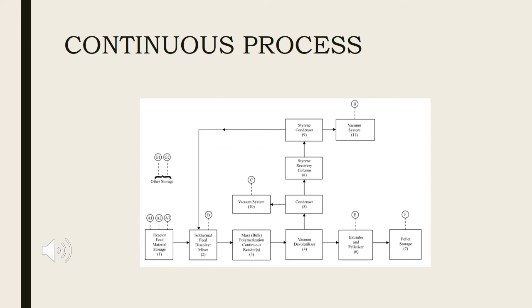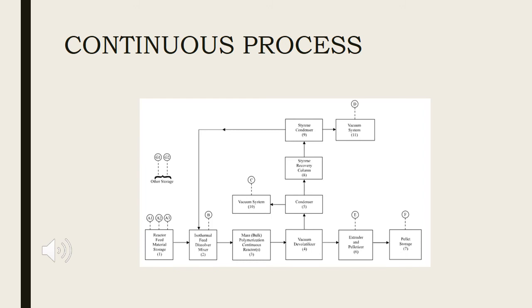Here, most of the monomer, ethyl benzene and low molecular weight polymers are removed, condensed through unit number 5 and sent to styrene recovery unit, which are unit number 8 and 9. Non-condensable overhead vapors from the condenser typically are exhausted through a vacuum pump, which is unit number 10.